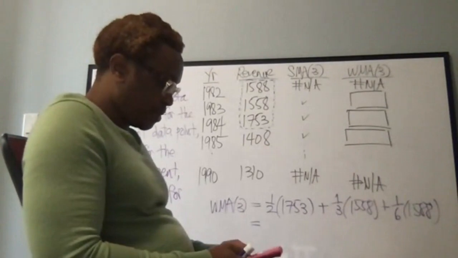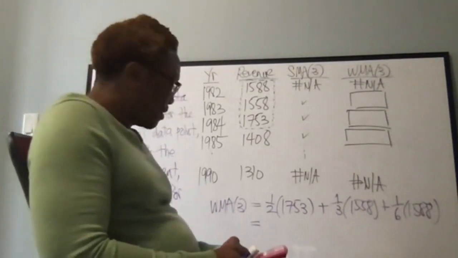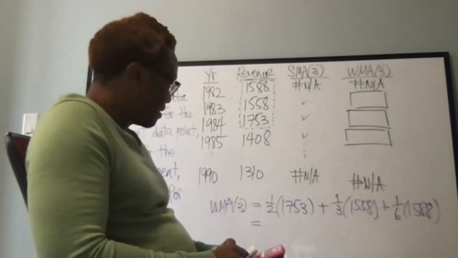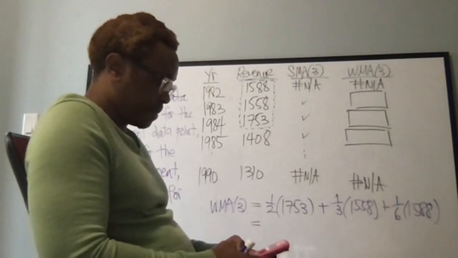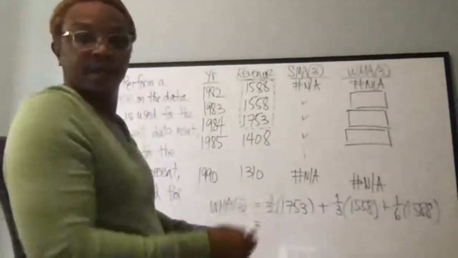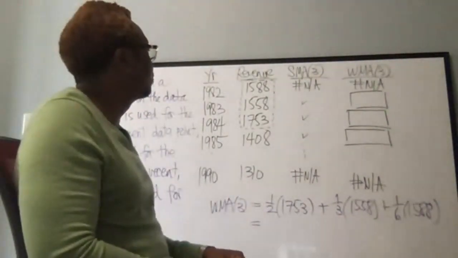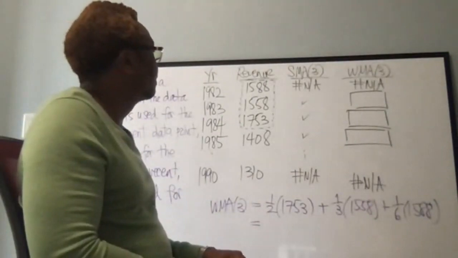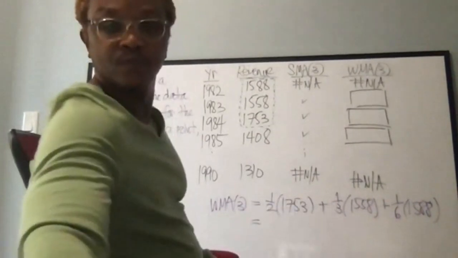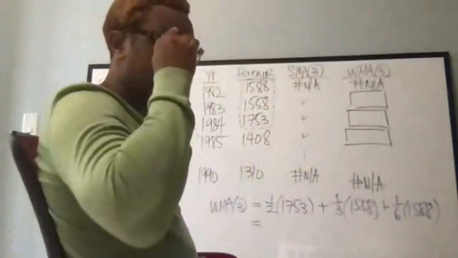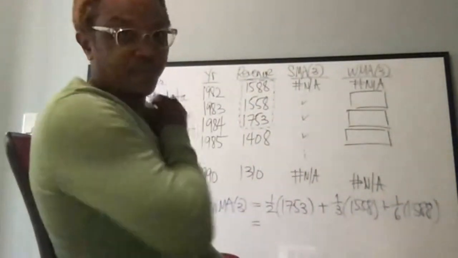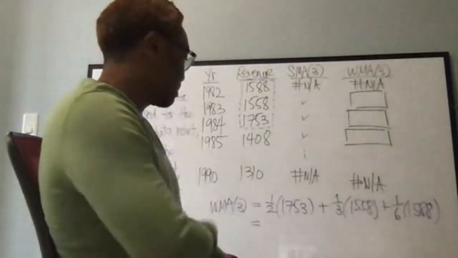You should be able to just put it in as a fraction, 1/2 times 1753. Well, you guys know how to do fractions. Let me know what you get, see what this equals. If you get something, just put it in the chat box so I can see what you guys get.